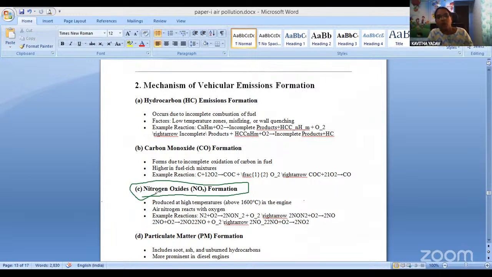When the temperature in the engine increases up to 1600 degrees centigrade, the air nitrogen reacts with the oxygen, and then nitrogen oxide formation takes place.